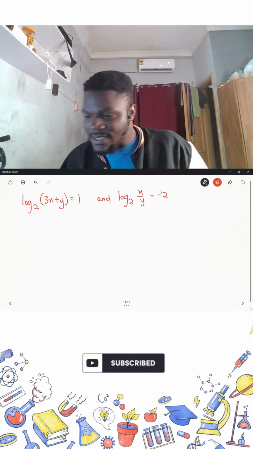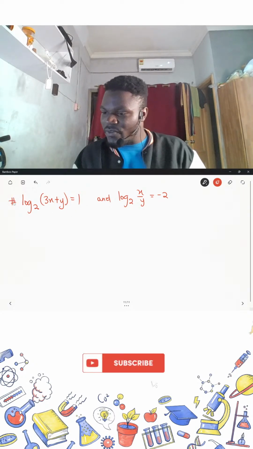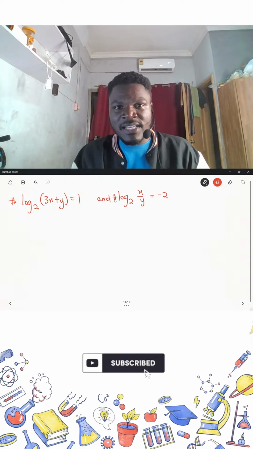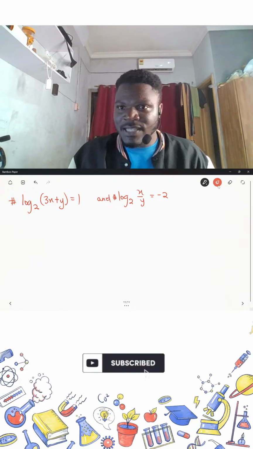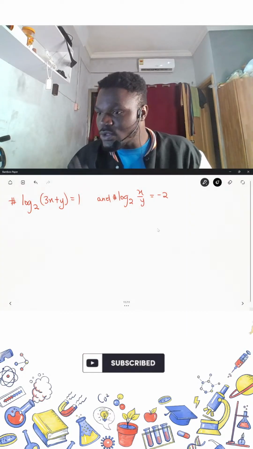Are we okay? Now, guys, how we solve this problem is that we look at the first expression and simplify it, then we look at the second one and also simplify it. And then together we solve them simultaneously to get our answer. So that is what we are going to do.